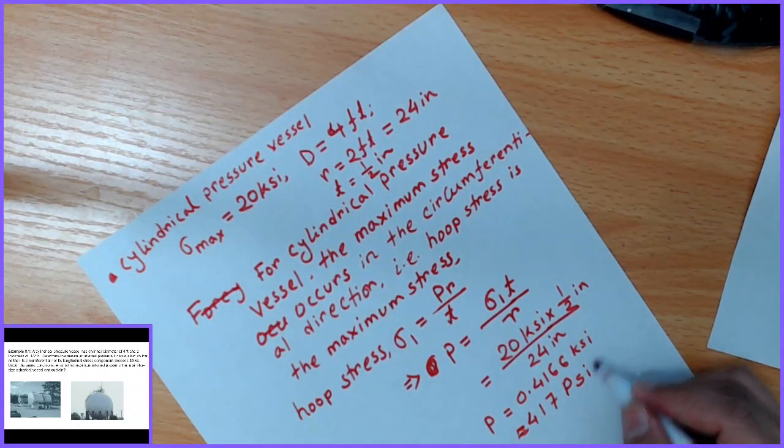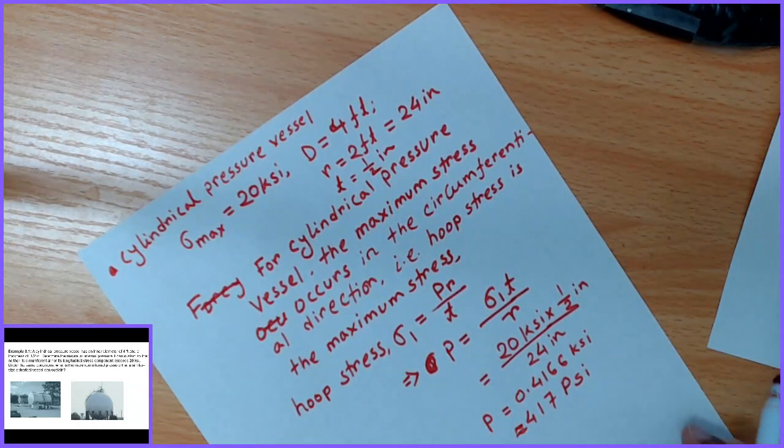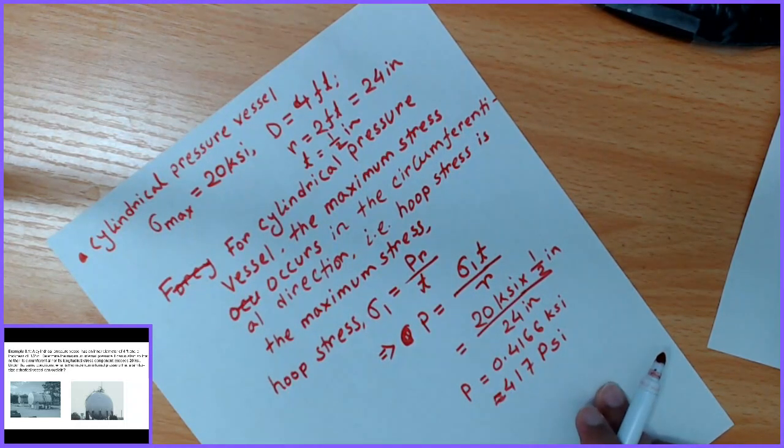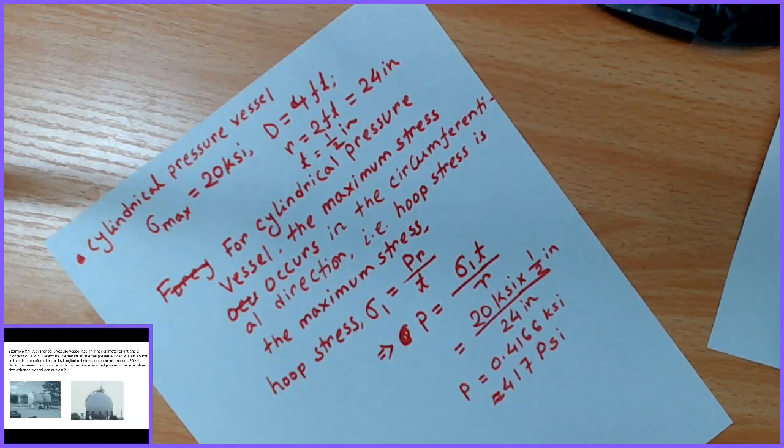Kilo pounds per inch square, I multiplied with 1000 to convert it to psi. So since it is 416.66, I am writing 417 psi. Now, look at one thing.